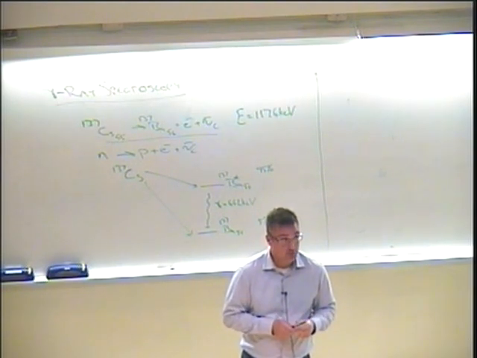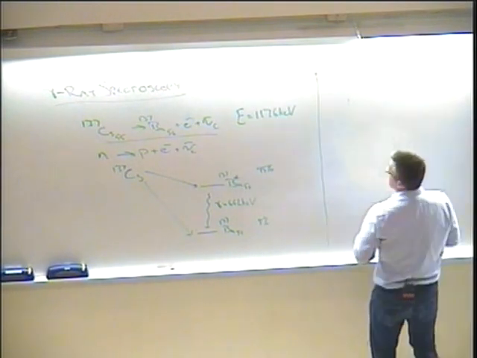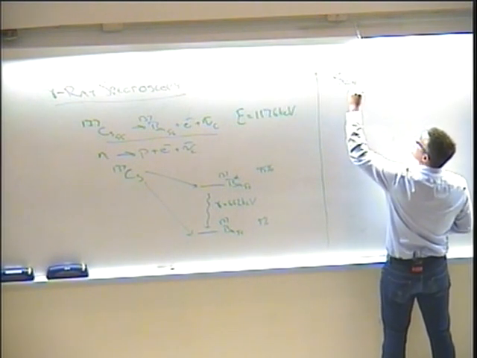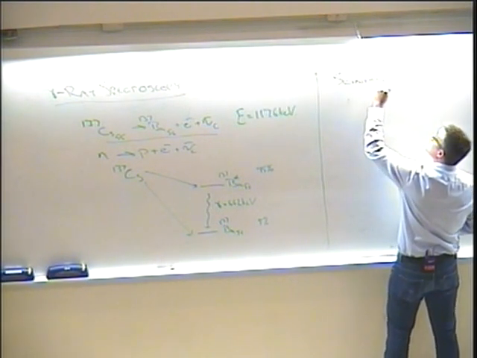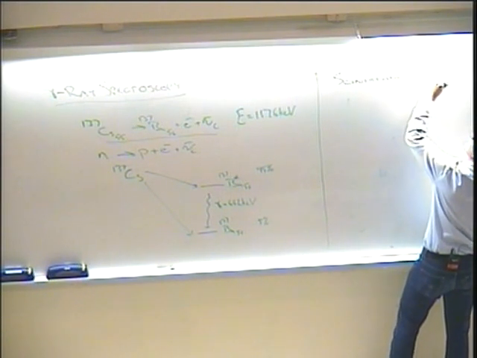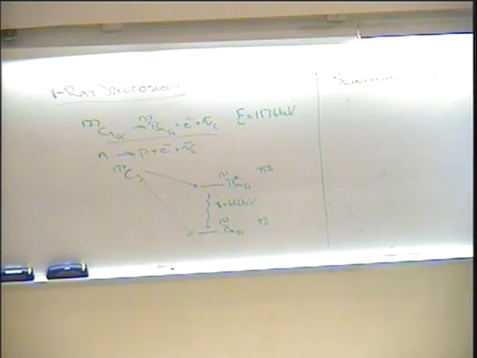There are only a few good ways of looking at them. The way we're going to use is a scintillation counter. Okay, and in our case, it's a sodium iodide crystal attached to a photomultiplier tube.